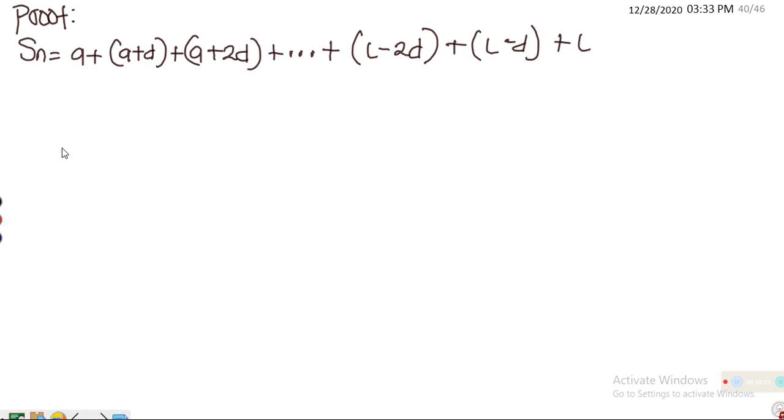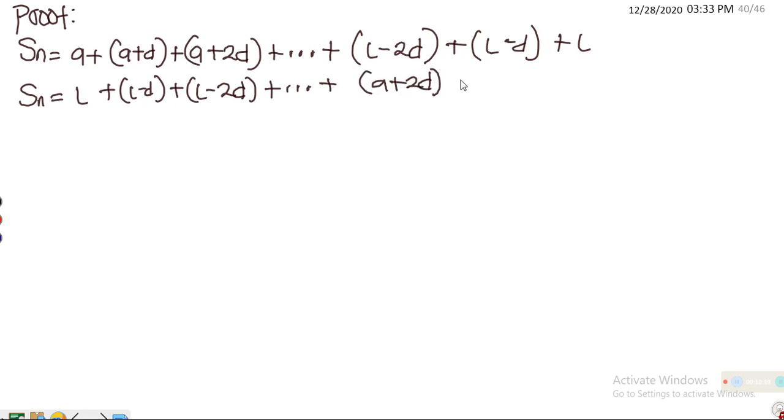Okay, so if we invert this, you can invert it to give you L plus (L minus d) plus (L minus 2d) plus dot dot plus (A plus 2d) plus (A plus d) plus A. So let's call this equation 1, and this equation 2.